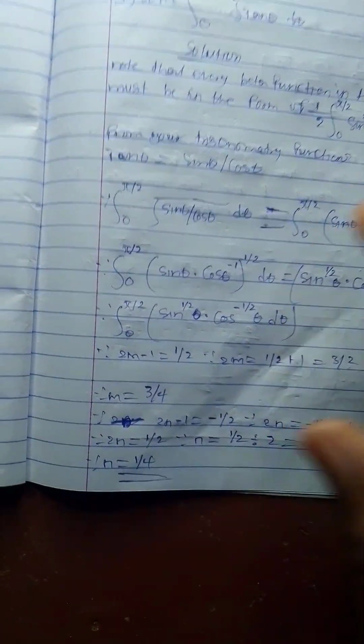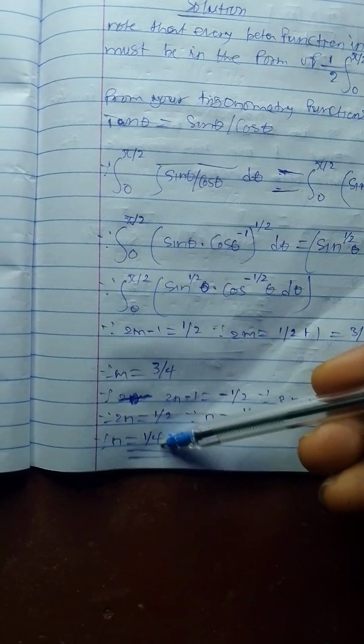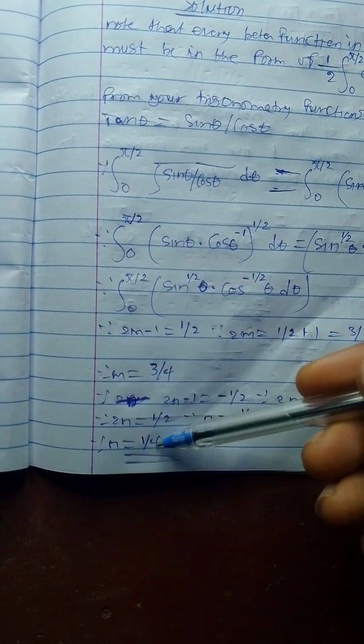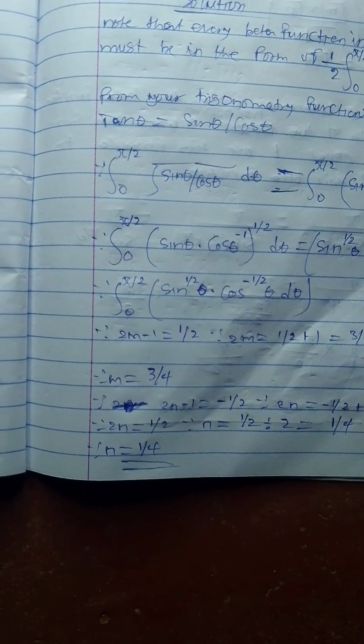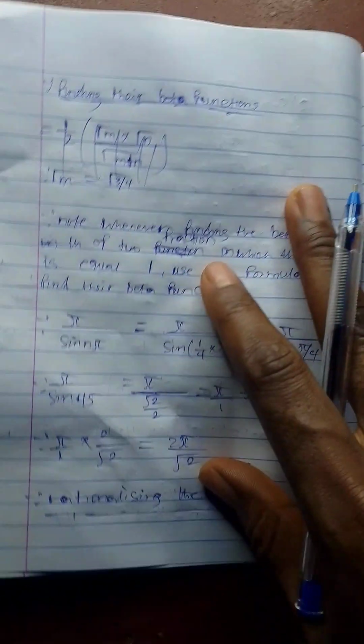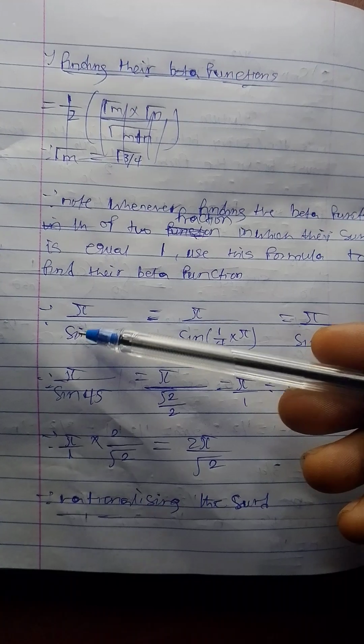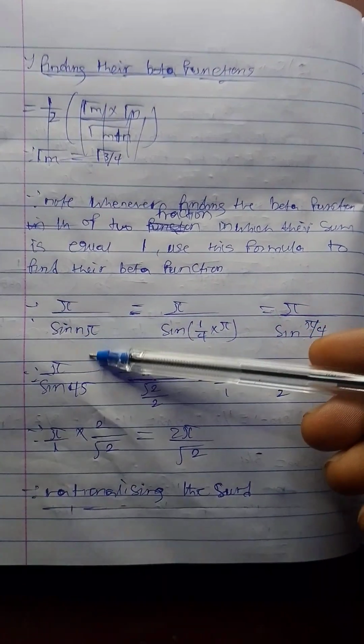So if you check this fraction now, m is 3 over 4 and n is 1 over 4. The sum of m and n is 1. So 3 over 4 plus 1 over 4 is 1. So whenever the two fractions sum to 1, use this formula, which is pi over sine n pi.